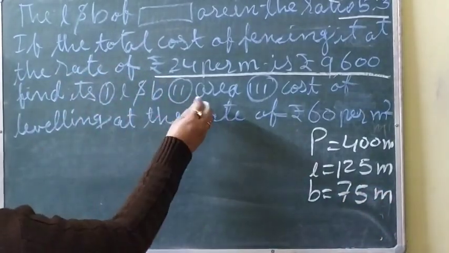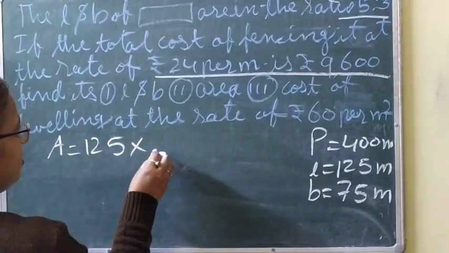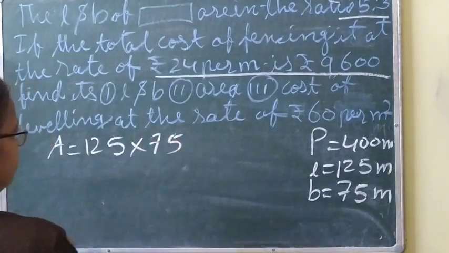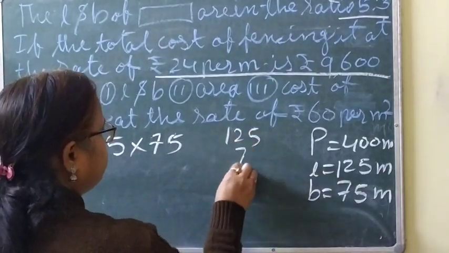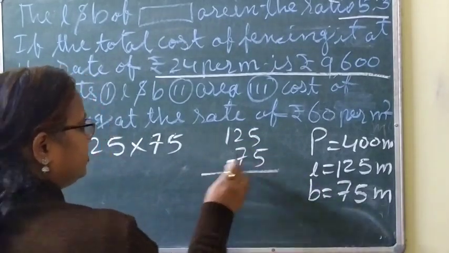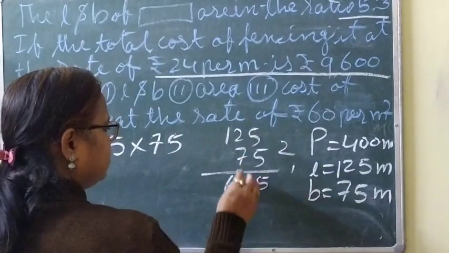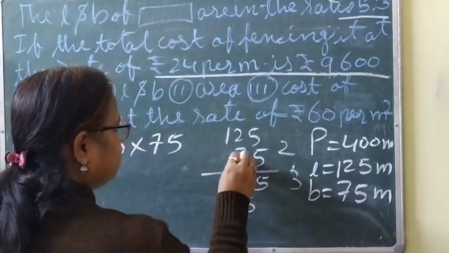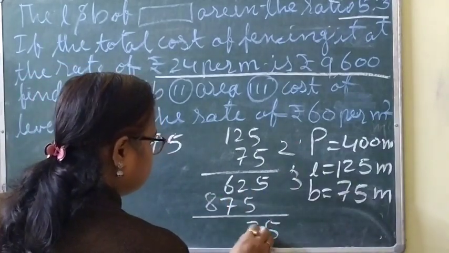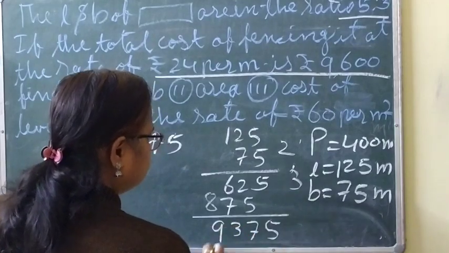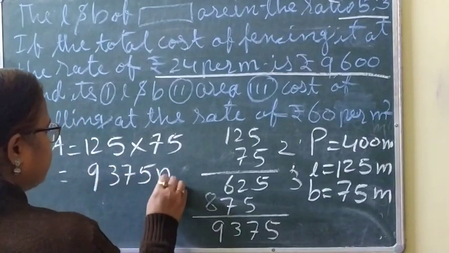Okay. Now next is area. So area will be equal to length into breadth, means 125 into 75. Okay. So now multiply 125 into 75. 9375 square meter.